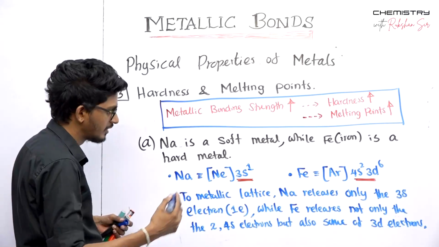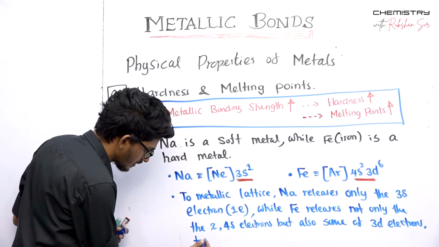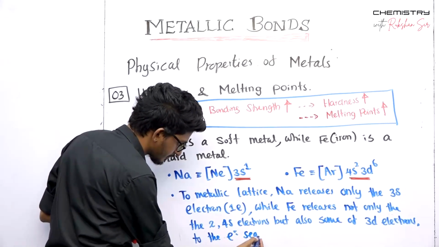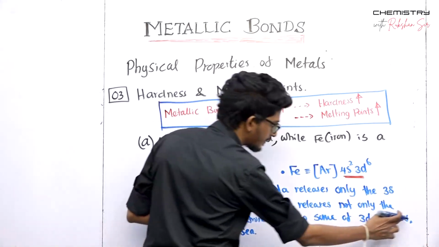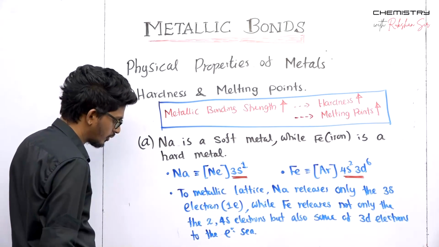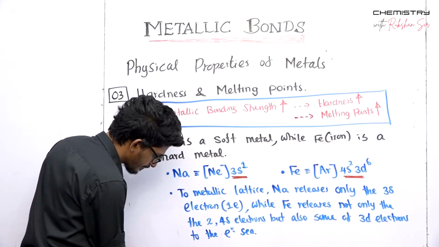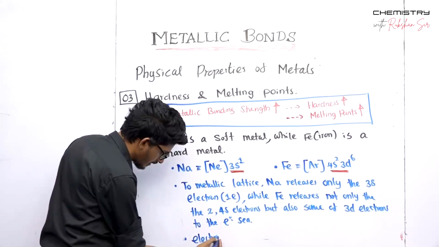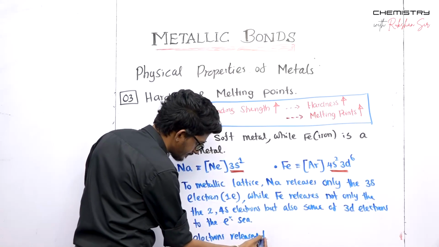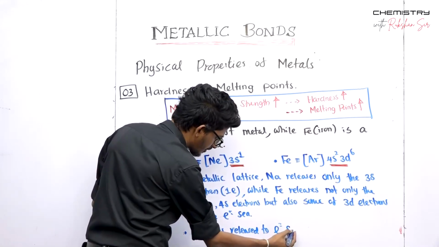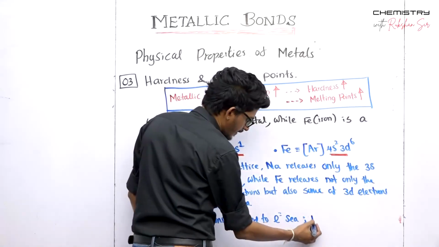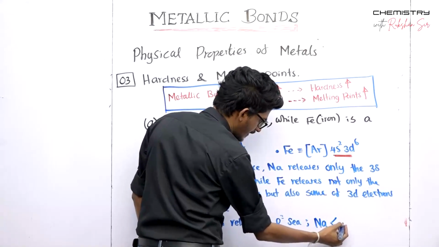So you can write that the electrons released to the electron sea are low in sodium and greater in iron.